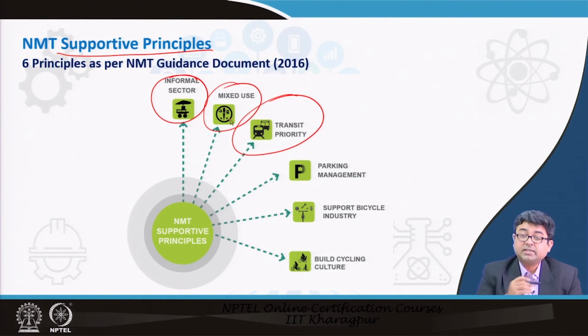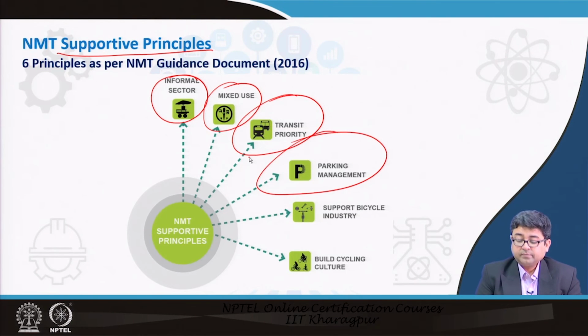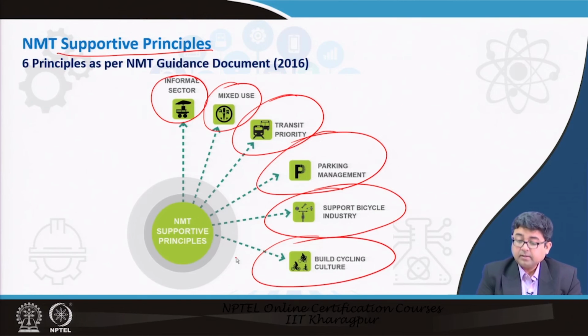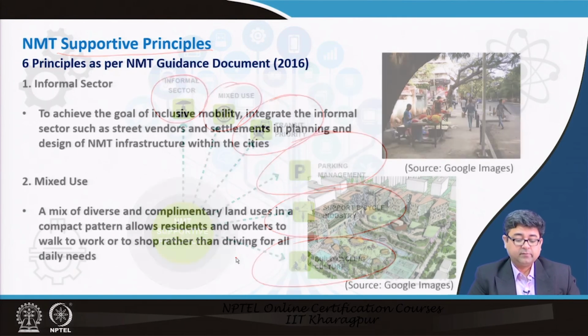Make sure transit is given priority in those areas where you are providing NMT infrastructure. Effective parking management has to be there. This will ensure that there is support to the bicycle industry, and also will give rise to the culture of bicycling, right. These are supportive principles in addition to the 10 guiding principles that you should keep in mind while you are developing NMT infrastructure.